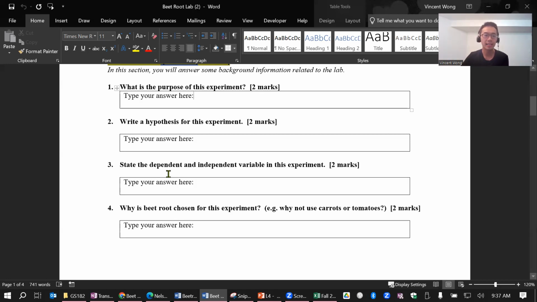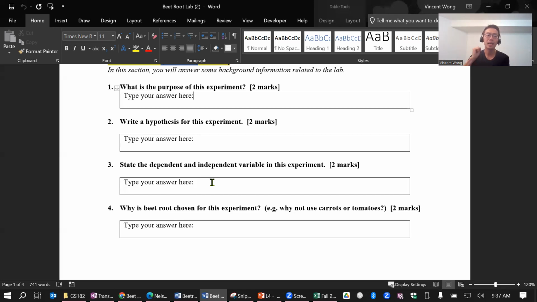Okay, state the dependent and the independent variable in this experiment. All right, so once again, the independent variable is the one that you are changing. So in this experiment, when you're watching the lady do the experiment in the video, what is she changing? That's the one you're going to put for independent variable.